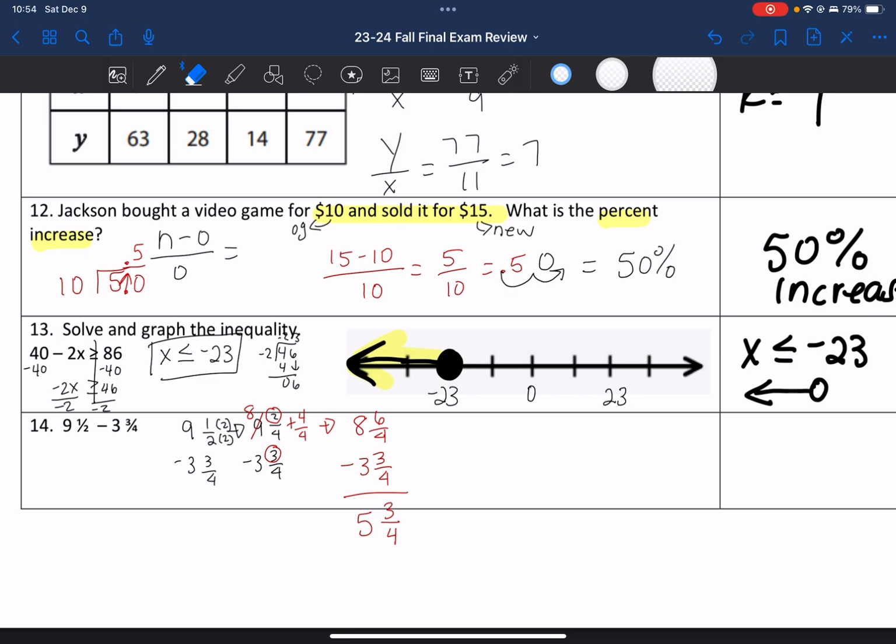Or, remember, you can do it to where you just use the decimals. You're going to change those fractions to decimals. So 1/2 would be 0.50. 3/4 would be 0.75. So 9.50 minus 3.75.